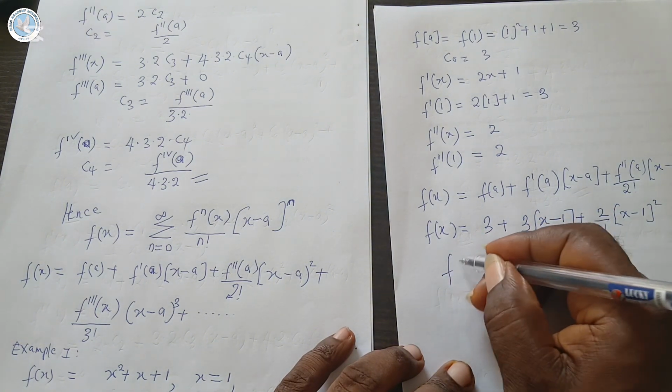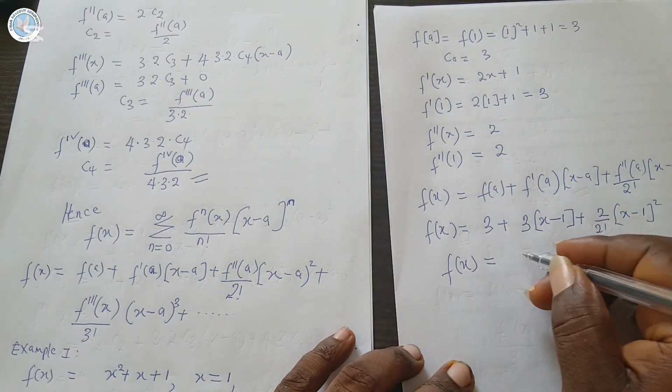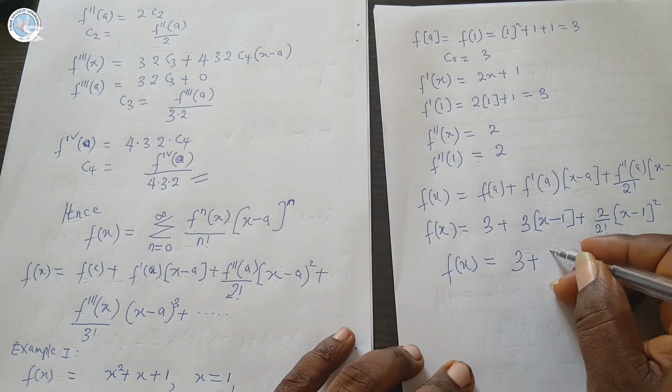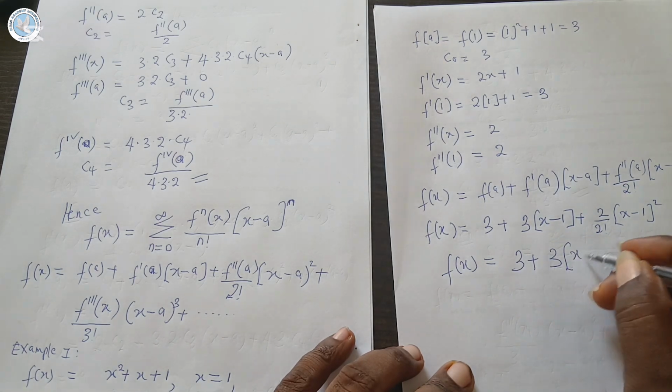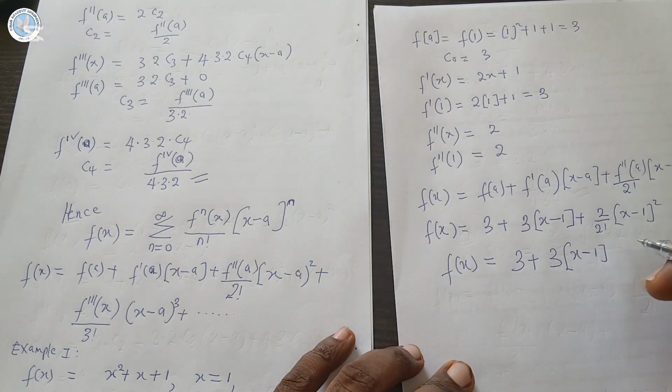So the Taylor series of that expression is 1 plus 1 times (x minus 1) plus 2 times the reciprocal of 2 factorial times (x minus 1) squared.